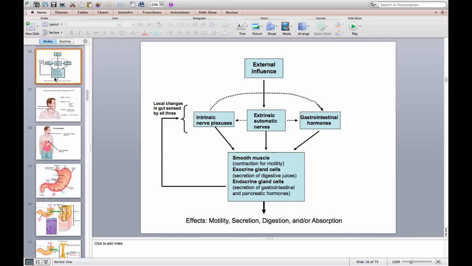Now, in the short loop, the sensors and the effectors are all within the GI tract. The entire loop is present within the GI tract, okay, which is why we call it short. And the short loop involves either the enteric nervous system or the enteric endocrine system, right? The network of cells that can release hormones.